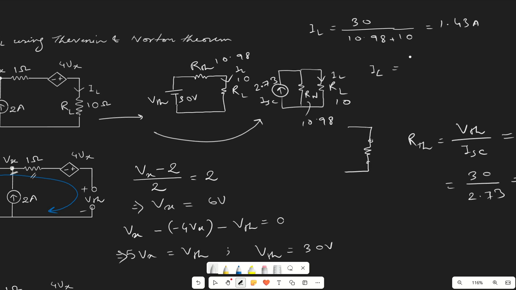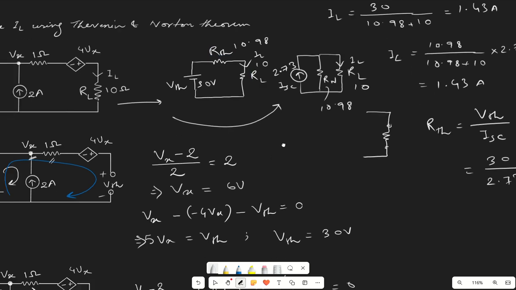So this will be 10.98 divided by (10.98 plus 10) multiplied by 2.73, which will come out to be 1.43 ampere.